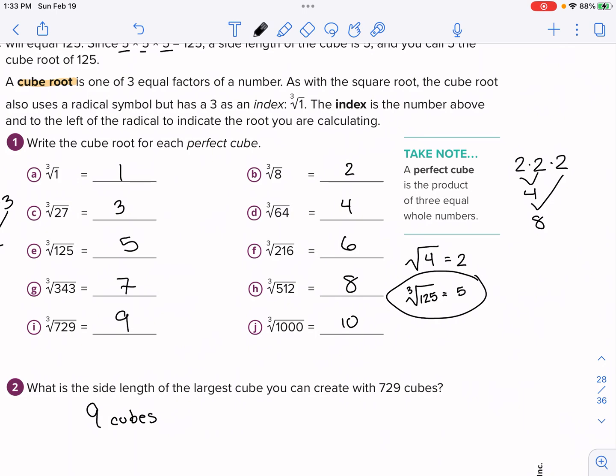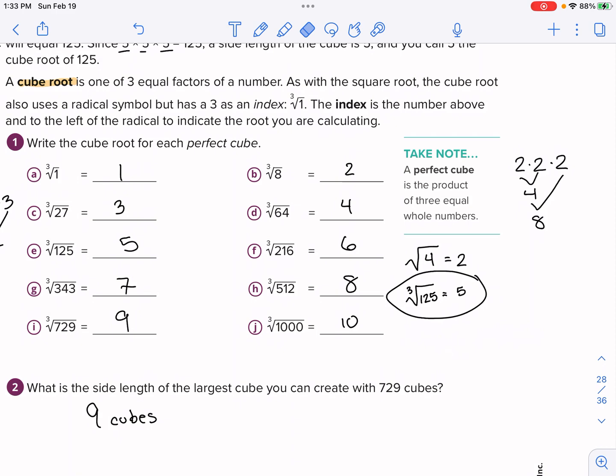Let's just subtract: 1,000 minus 10 is 990. There are 990 non-whole number, irrational cubes, and only 10 from 1 to 1,000. So the chance of that happening is very unlikely.